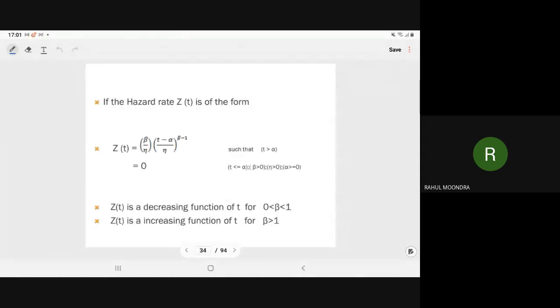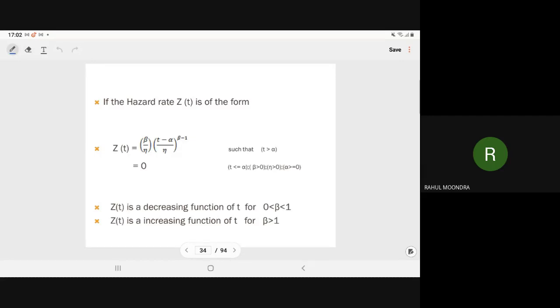For the Weibull distribution, the hazard rate function is given by z(t) equal to beta upon eta, (t minus alpha upon eta) to the power beta minus 1, when t is greater than alpha, otherwise it is 0. Here beta should be positive, eta should also be positive, and alpha should be non-negative.